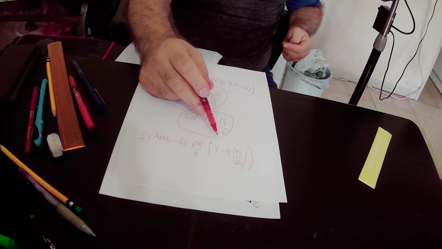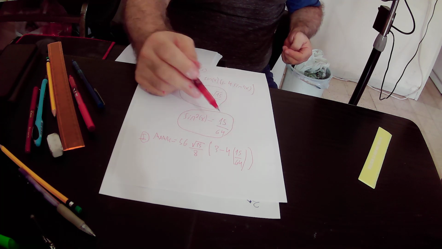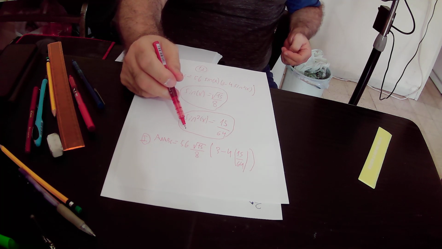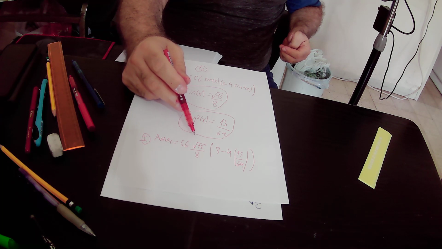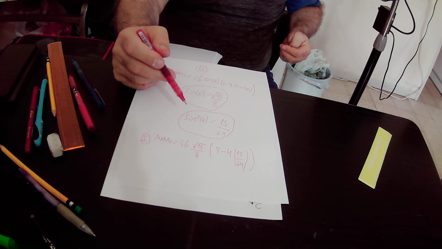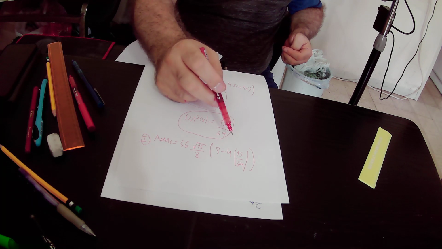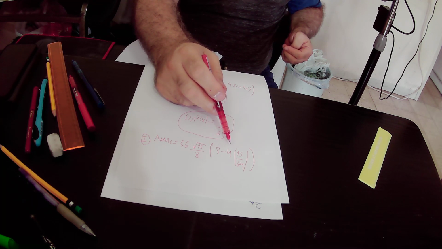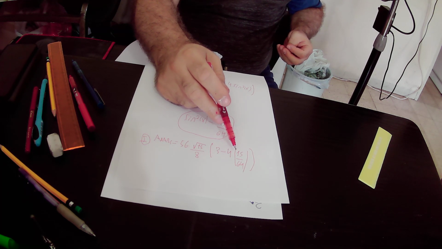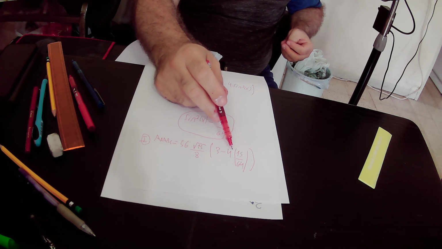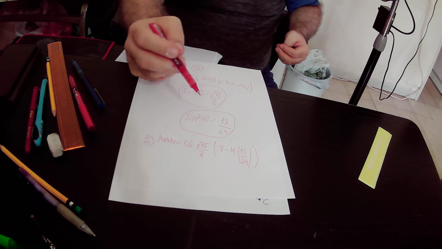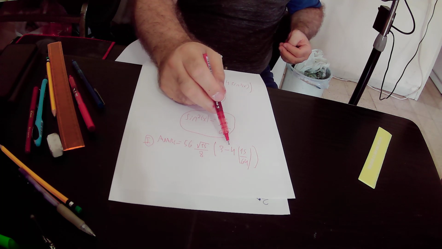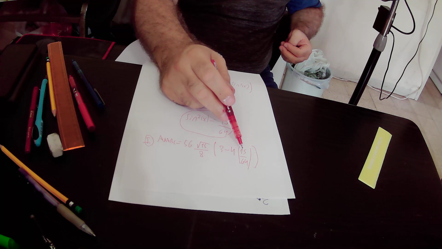In the brackets we have 3 minus 15 over 16, because 4 times 15 over 64, we can divide, 64 over 4 is 16. So we cancel 4 and we get 3 minus 15 over 16.